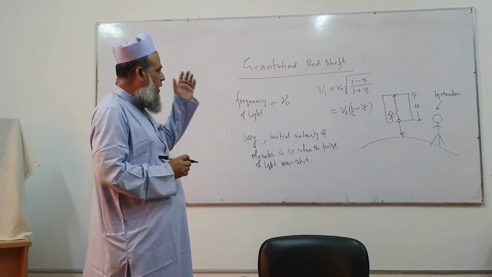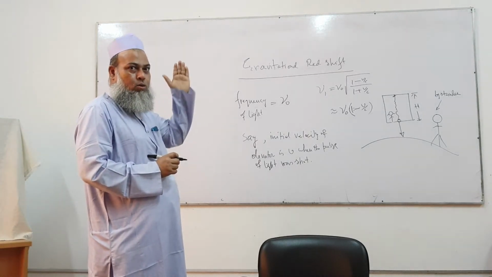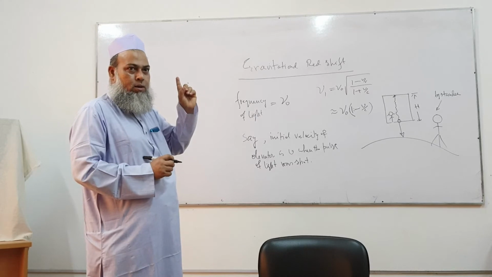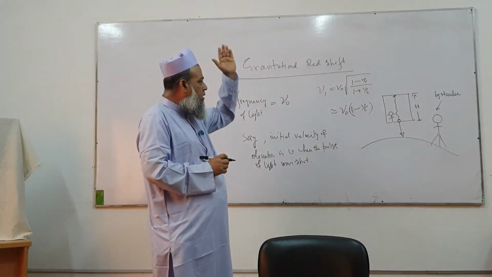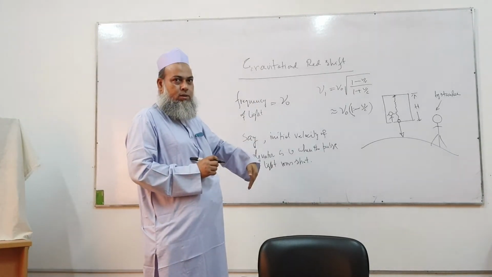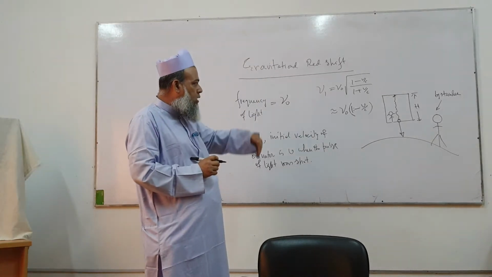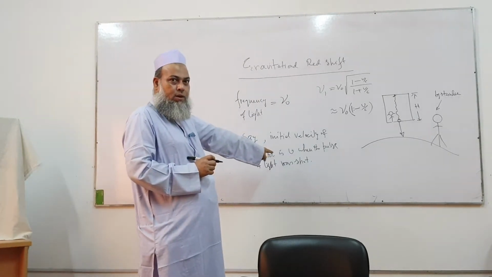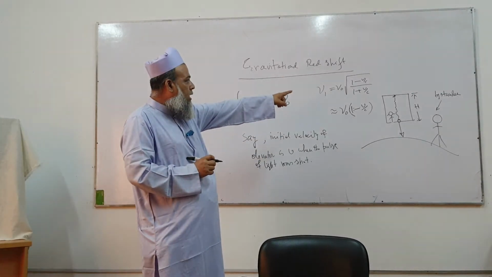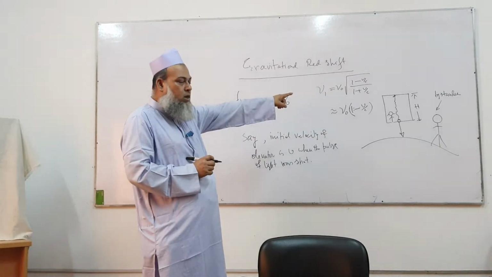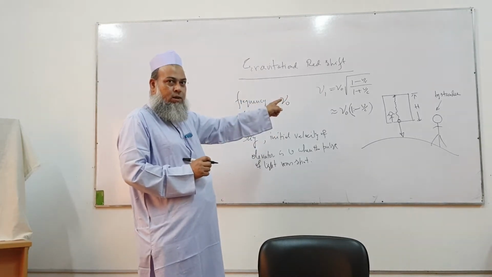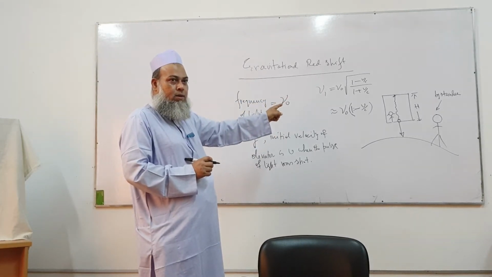Okay, the light pulse goes upward, elevator goes downward. Since the elevator goes downward, its initial velocity was V. At the time when the light pulse reaches the ceiling, what will happen?